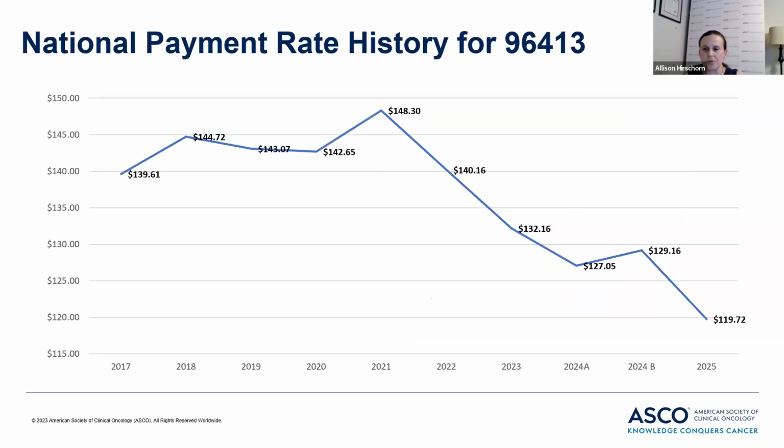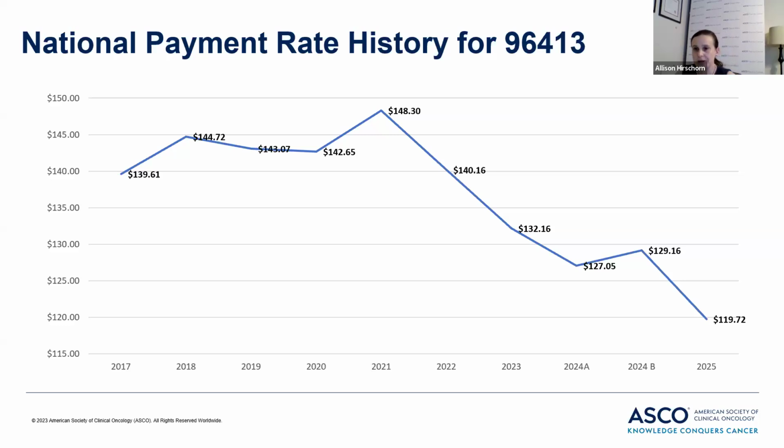And if you look at the payment rate history for 96413, you'll notice a few things. While there was a slight decrease from 2018 to 2020, there was a significant decrease in 2021. If you remember, that's when the changes to the office and outpatient E&Ms happened. There was an increase in the payment for those E&Ms, but again, they have to make room in that budget to accommodate those changes.